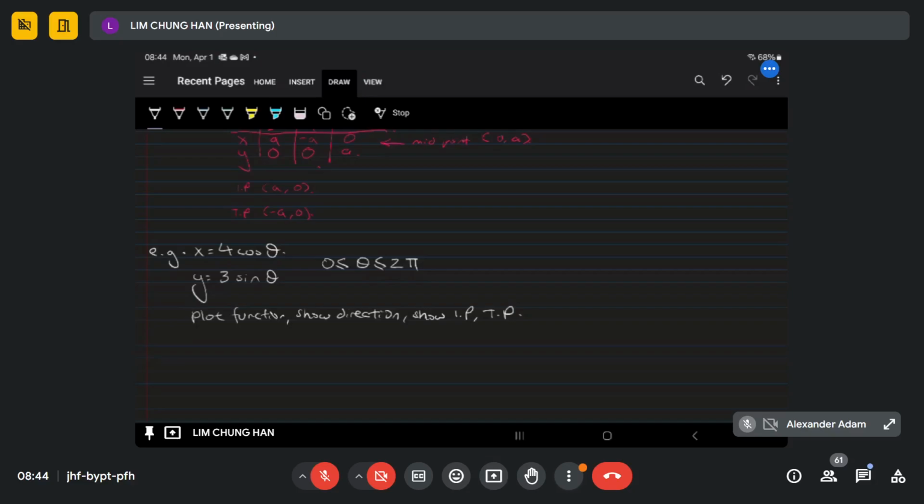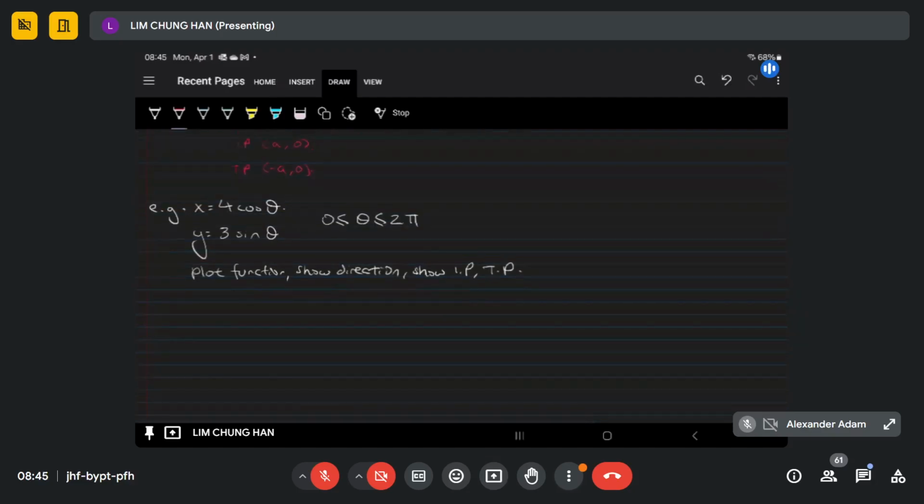So how are you going to do this? For this question, you can choose both methods. Method 1 is the previous method: you use the identity to combine, get your x and y function, see what shape it is, draw the shape, and then find the initial point, the ending point, and maybe a midpoint.